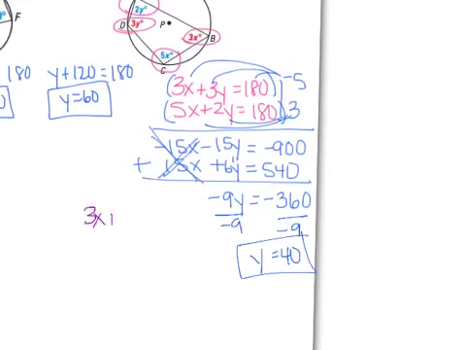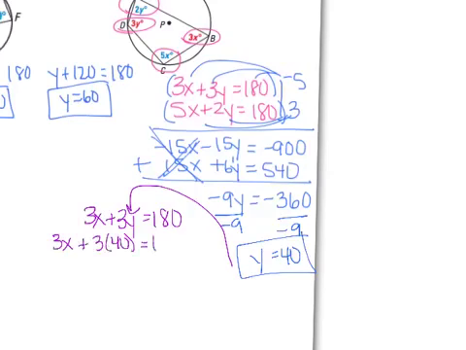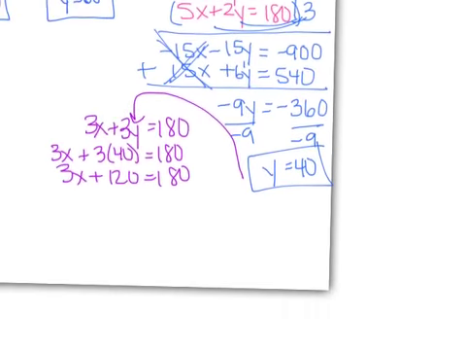I just always go back to the original first equation. I'm going to take that y and plug it in. So 3x plus 3 times 40 equals 180, and solve. And we should be getting that x equals 20.